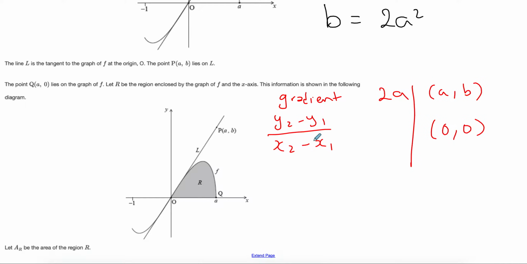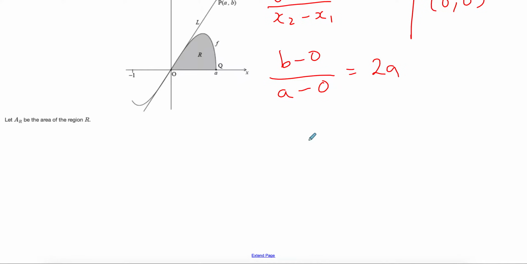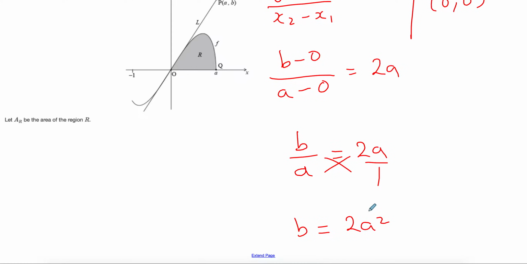So if I substitute these in here, I get b minus 0 over a minus 0 is equal to 2a. And so I get b over a is equal to 2a. And if I cross multiply, I get b is equal to 2a squared. So that's another method. So you've written an expression in terms of a. And this will come useful later on, so keep it in mind.